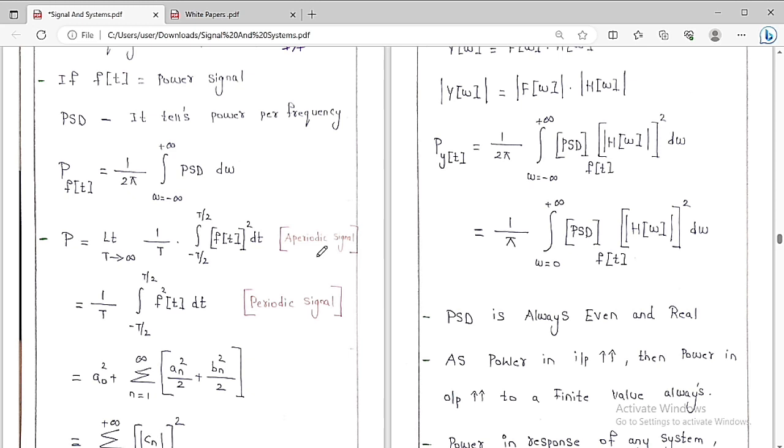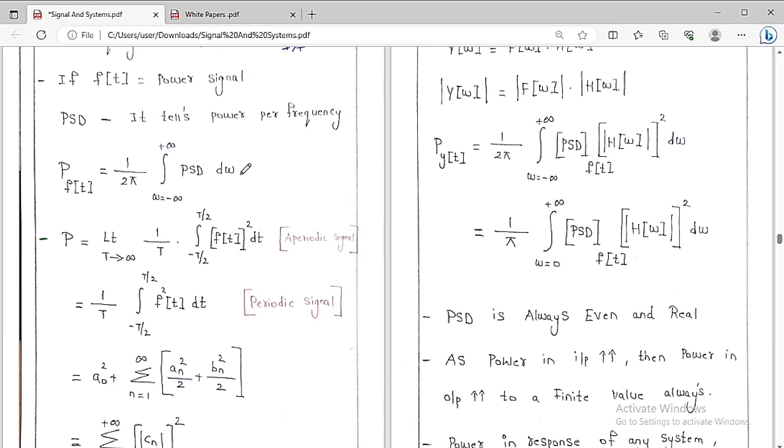So if you want to find the power present in the signal f of t, it is equal to 1 by 2 pi integration over omega from minus infinity to plus infinity of the power spectral density into d omega. This is a formula we have to remember.